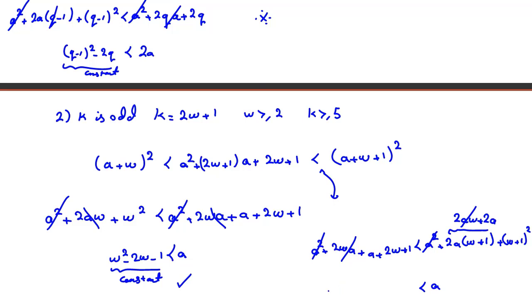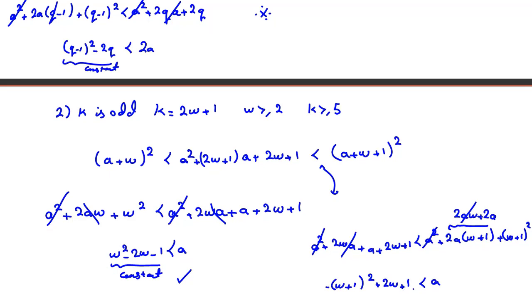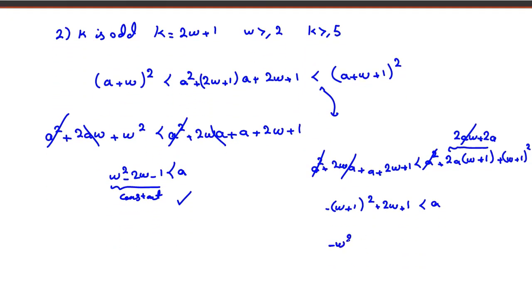It is greater than minus (w plus 1) squared plus 2w plus 1. And if we consider, it will be negative w squared minus 2w minus 1 plus 2w plus 1. Why is a greater than negative w squared? It is correct because here is a negative number. So we can say again, this one is bad because after a is greater than some number, we have this inequality, and it is not possible for b squared to be between two consecutive perfect squares.